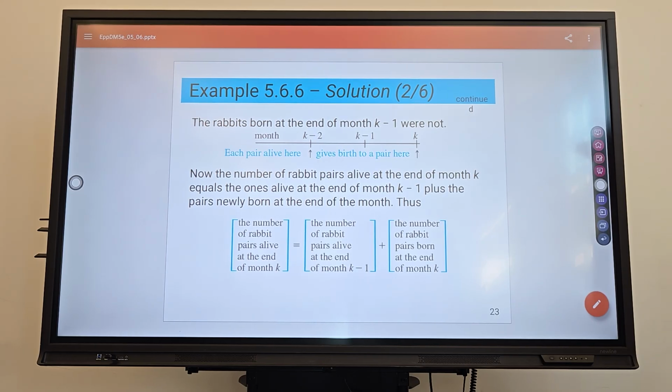Now the number of rabbit pairs alive at the end of month k equals the ones alive at the end of month k minus 1 plus the pairs newly born at the end of the month.